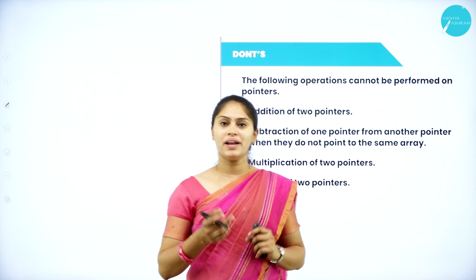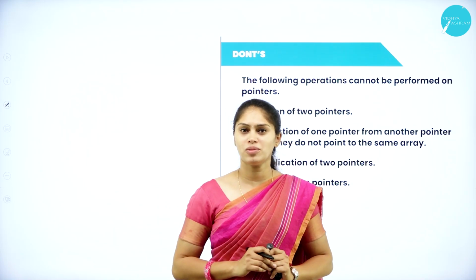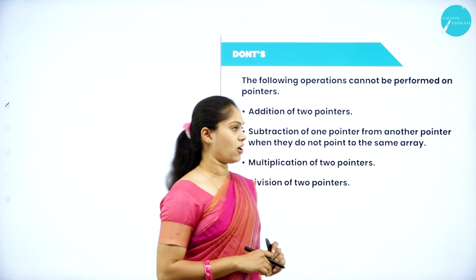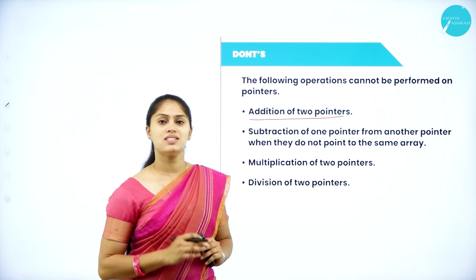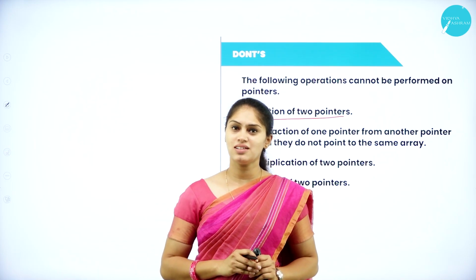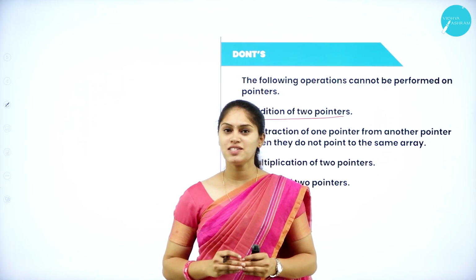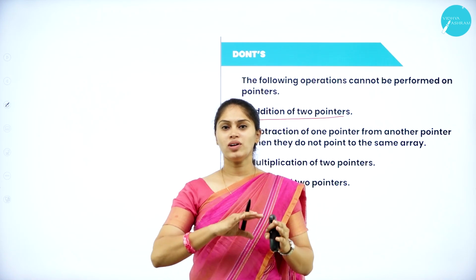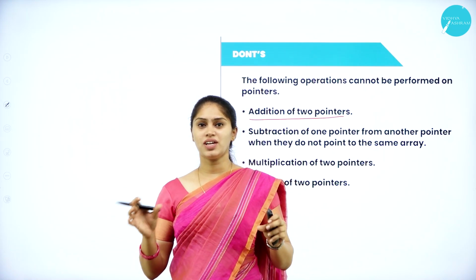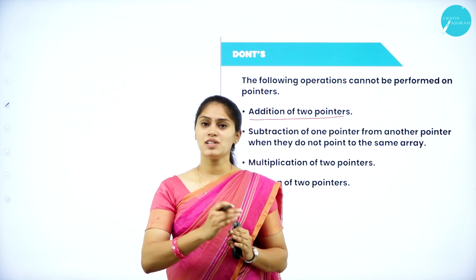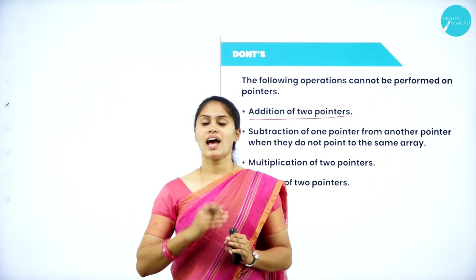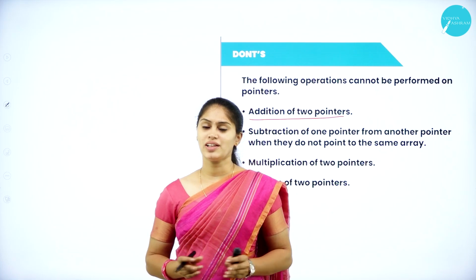Then what are the operations that I cannot perform on the pointers? We'll see now. Here, addition of 2 pointers is not possible. When is it not possible? When the 2 pointers are separate and pointing to different elements of different arrays, then I cannot perform this addition on the pointers.